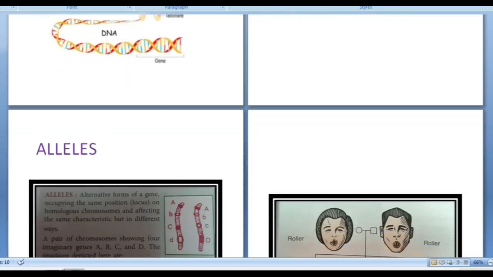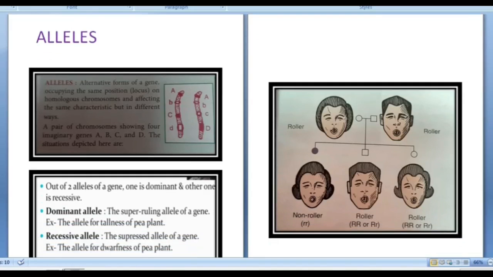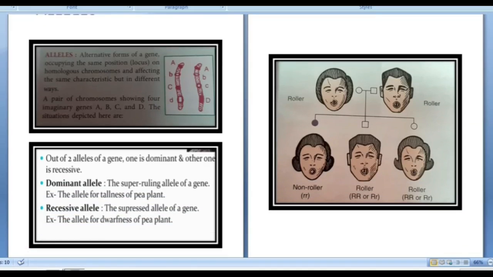The next term is alleles. We have done this term also before, but again we will quickly revise it. What is an allele? Alternative forms of a gene occupying the same position on homologous chromosomes and affecting the same characteristic but in different ways.